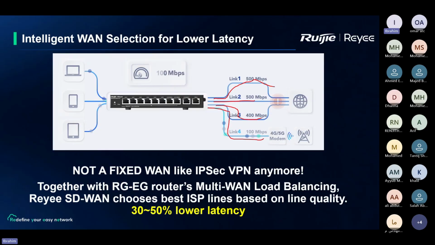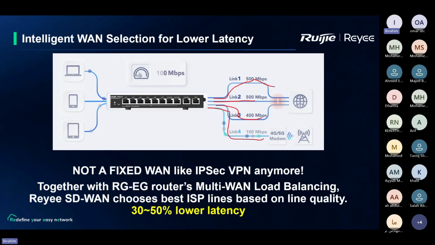So in SD-WAN there is no need to make a configuration again, because VPN only uses one WAN, but in SD-WAN we can use multi-WAN load balance. We can choose the better ISP based on the line quality, because SD-WAN will check whether the line quality is high, good, or low.